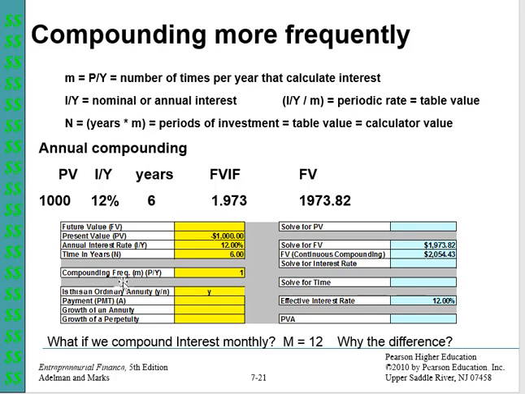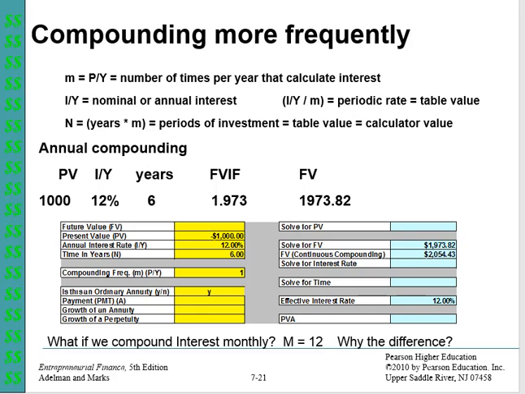Down below here, for the compounding frequency, you would need to change this to a 12. Again, this would be an example of the difference in compounding. What would that interest rate be? What would the value change to?